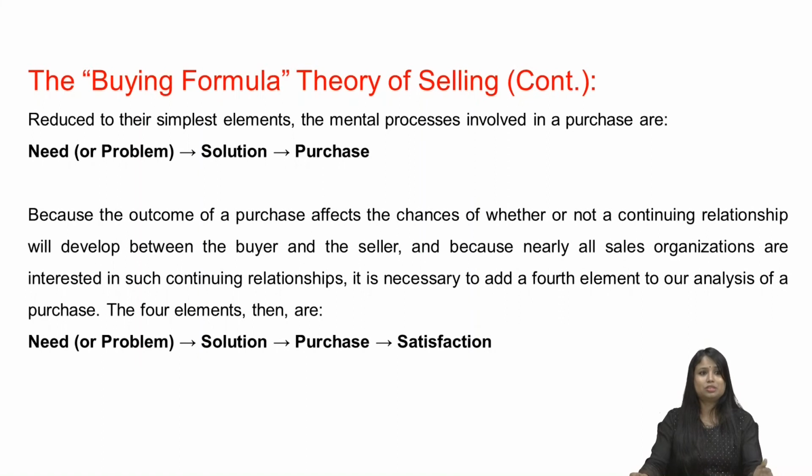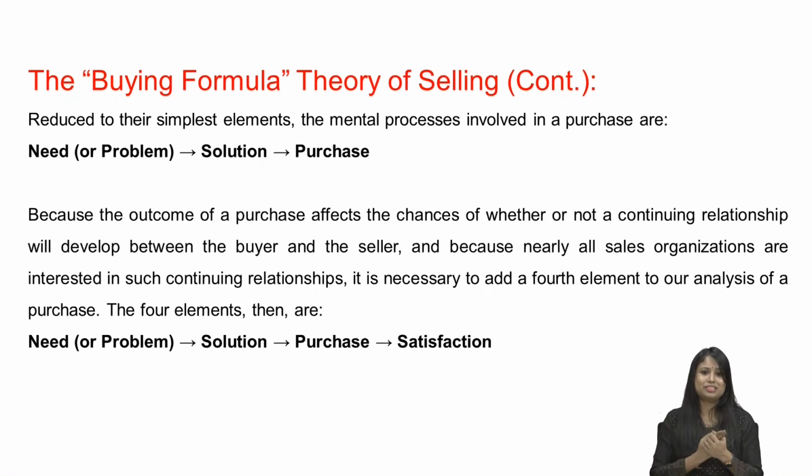Because the outcome of a purchase affects the chances of whether or not a continuing relationship will develop between the buyer and the seller. And because nearly all sales organizations are interested in such a continuing relationship, it is necessary to add a fourth element to our analysis of a purchase.